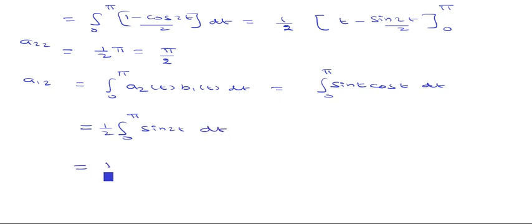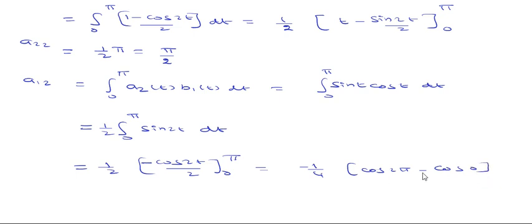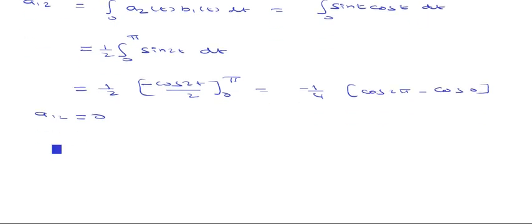Integrating gives minus 1/4 times (cos 2 pi minus cos 0), which is 1 minus 1, so this equals 0. Similarly a21 will also be 0. You can check this; the steps are the same as for a12.